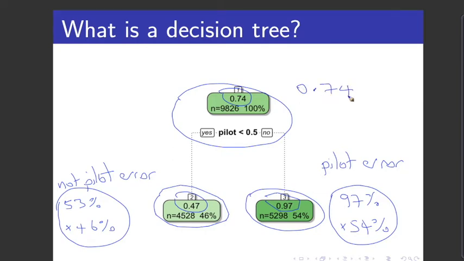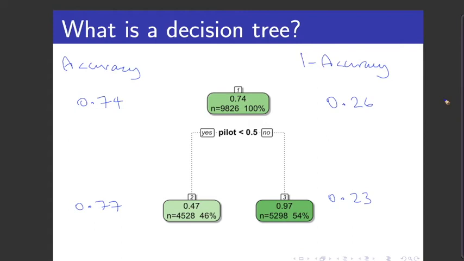If you do the calculation, you will find that the average accuracy after the split is greater than the accuracy before the split, and therefore if you were a computer making a decision tree, you would say, I should make the split.